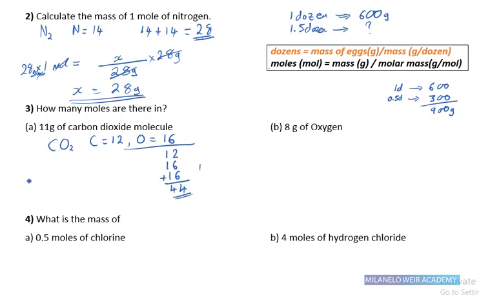So moles is equal to mass 11 gram divided by molar mass 44 grams per mole. The gram, they cancel out. So what do we do now? We punch our calculators. 11 divided by 44 is 0.25. 0.25 mole.